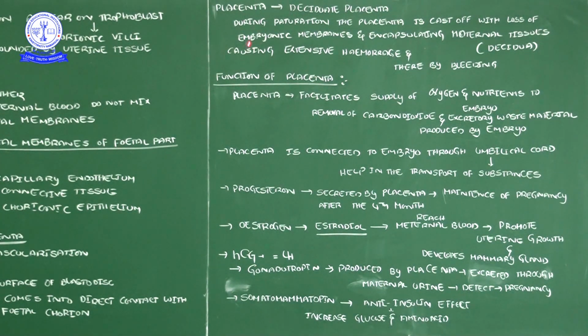Here the explanation: during parturition, the placenta is cast off, nothing but shed out, with loss of embryonic membranes. Embryonic membranes means yolk sac, chorion, allantois, amnion, they are there. Along with that, everything will be encapsulated. Encapsulated means removed, encapsulated in the mother tissue.